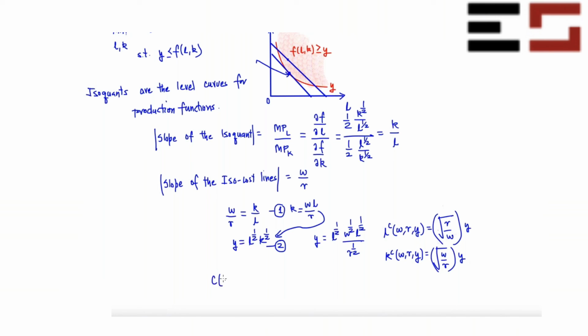So what is the cost function? Cost function is C(W, R, Y). It's the optimal cost. So how do you get the optimal cost? Just figure out the cost of the optimal choice.